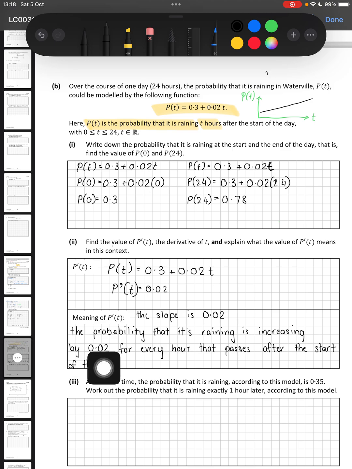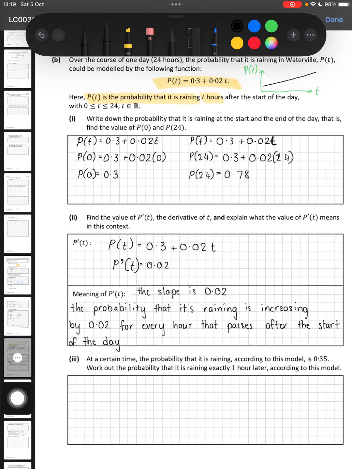So I'm using those words. I'm not just writing the slope is 0.02. I'm trying to put that into context. What does it mean if a slope is 0.02? It might start here and then it's very slowly increasing, but I'm saying the exact increase because we know what it is.